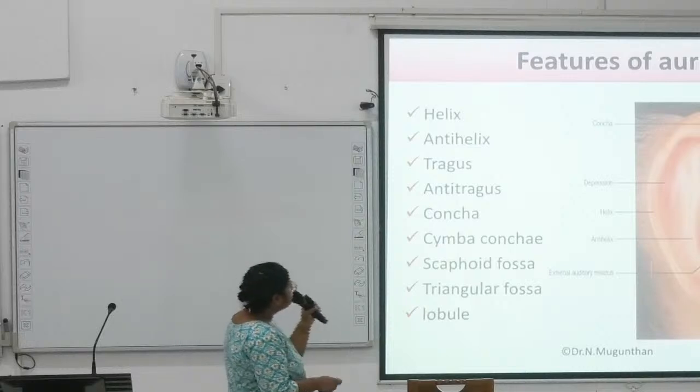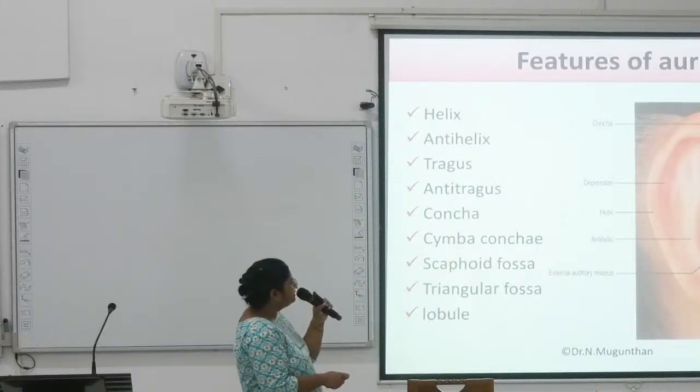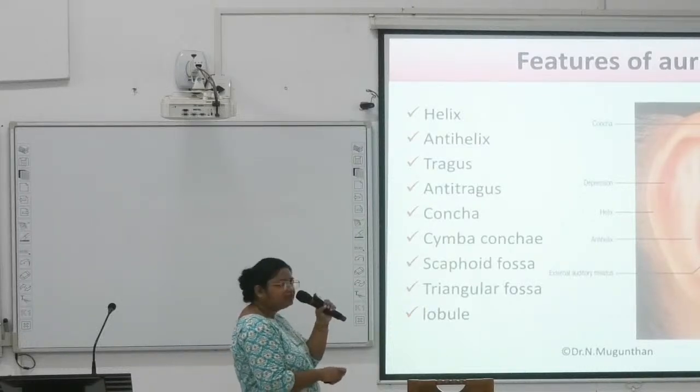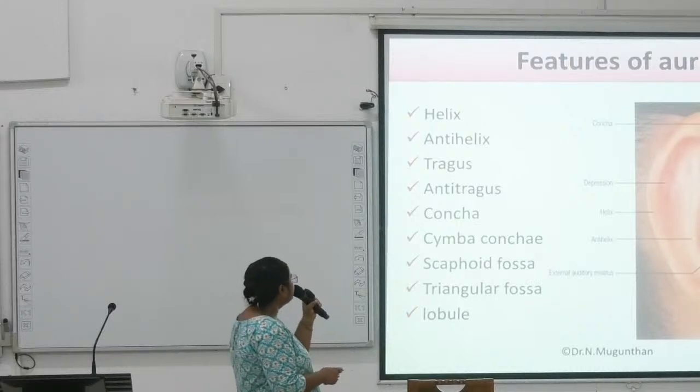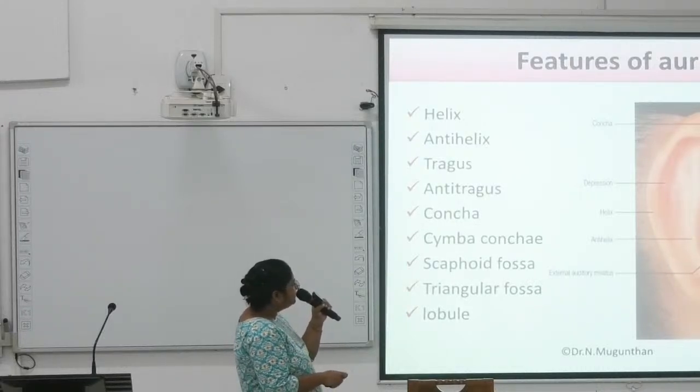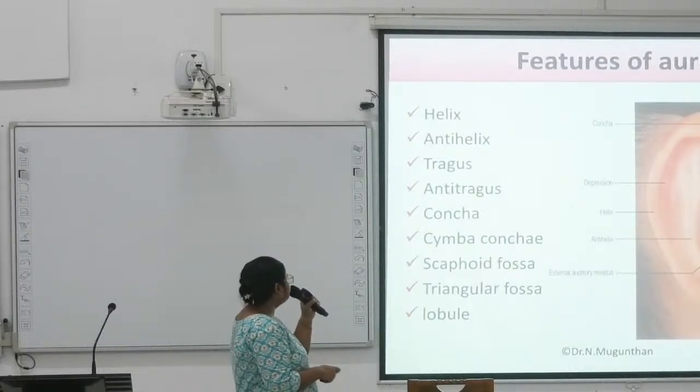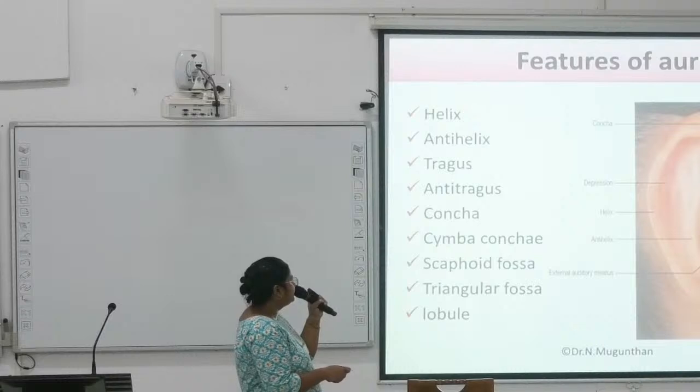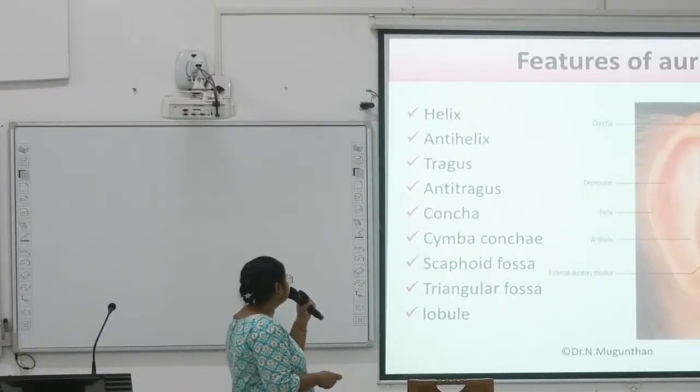Then the concha. The concha is mainly the inner bony part. Here lies the bony part of the external ear. This part is known as the concha. Then the cymba concha, also lying near this concha in this region. Next is the scaphoid fossa. The deep depression in this region is known as the scaphoid fossa.